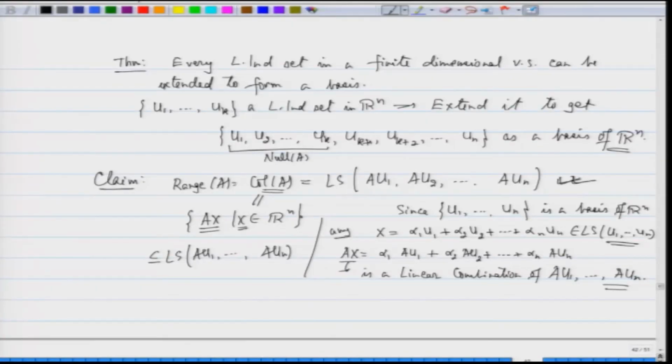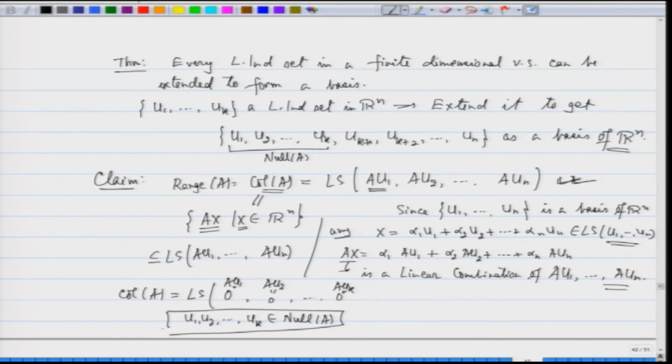Now, let us look at this, what is the column space of A? I can rewrite it. The column space of A is the linear span of A of U1, which is 0, A of U2, which is also 0, and 0 till A of Uk, because U1, U2, ..., Uk were elements of the null space of A. They were a basis of this.